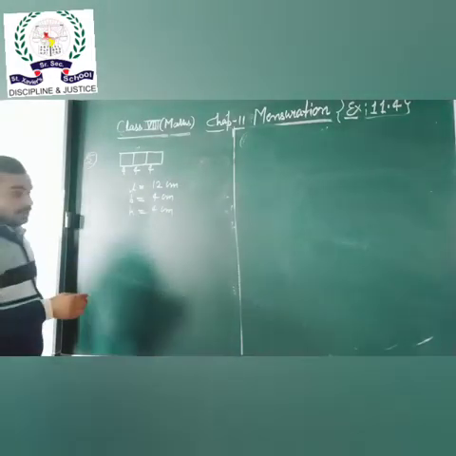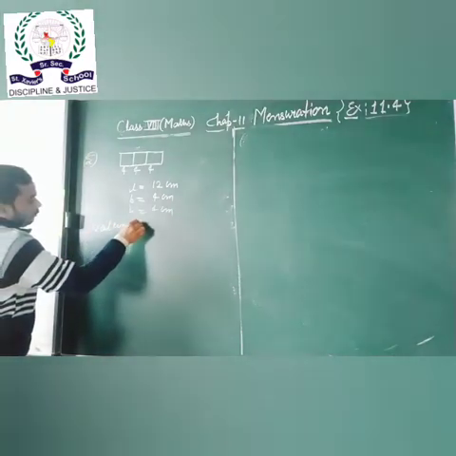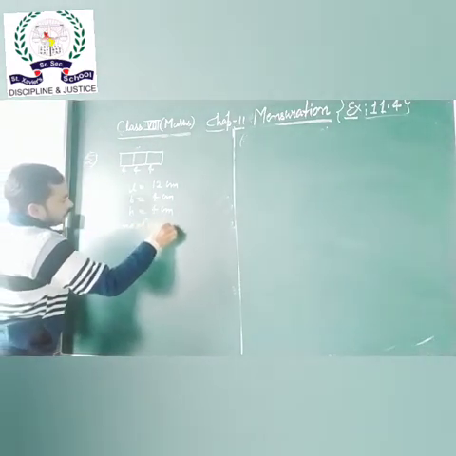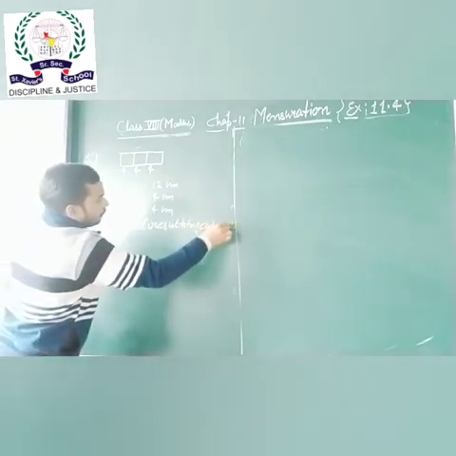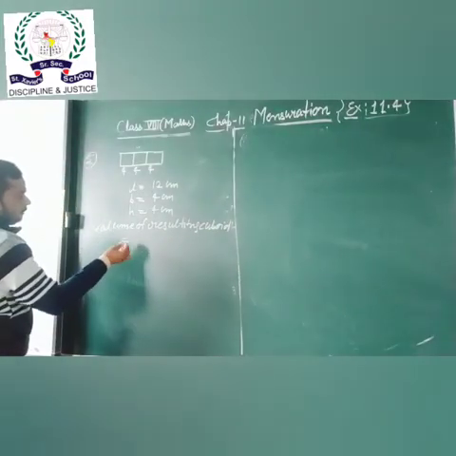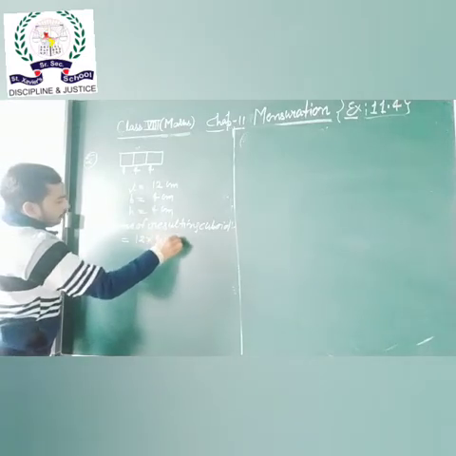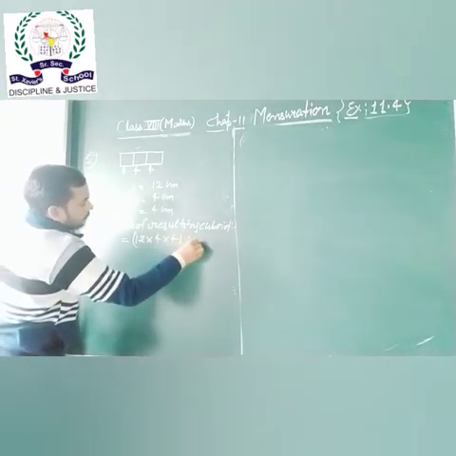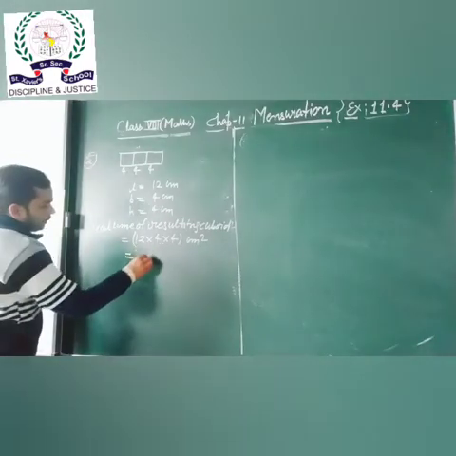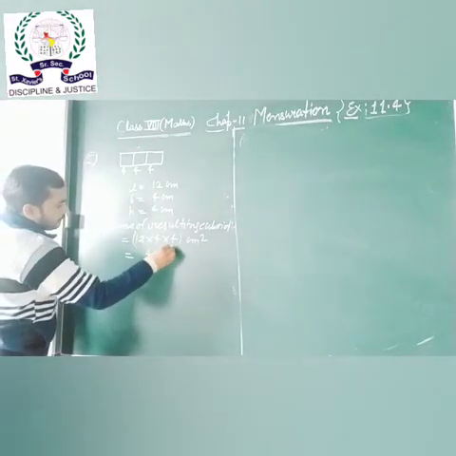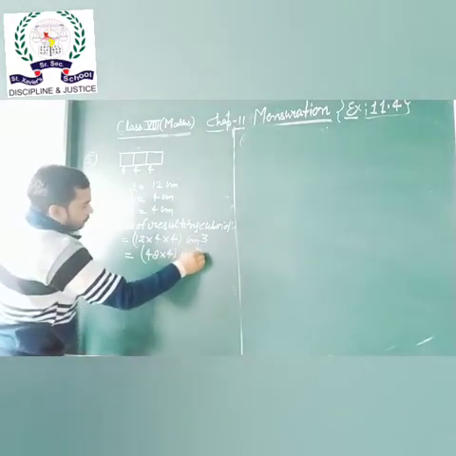So the volume of the resulting cuboid equal LBH, so length 12 into breadth 4 into 4 centimeter square. 12 4 ja 48, 48 into 4 centimeter cube.